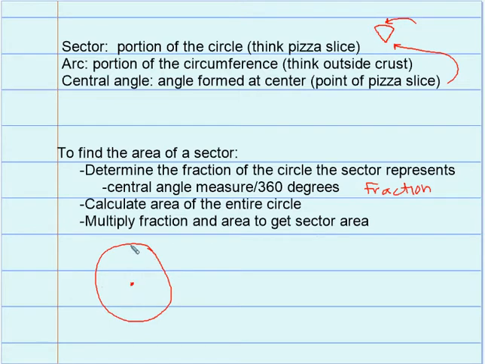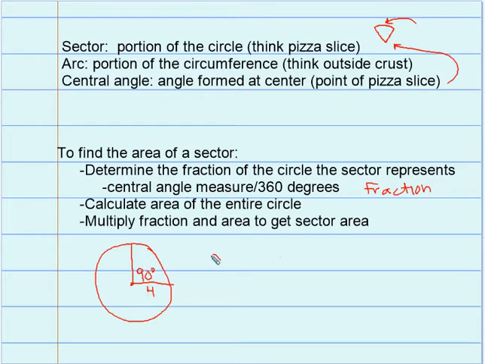If I have a sector that looks like this, and I tell you that this is 90 degrees, and my radius is 4. I determine the fraction of the circle that the sector represents.